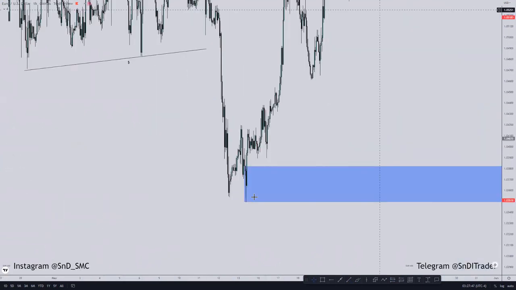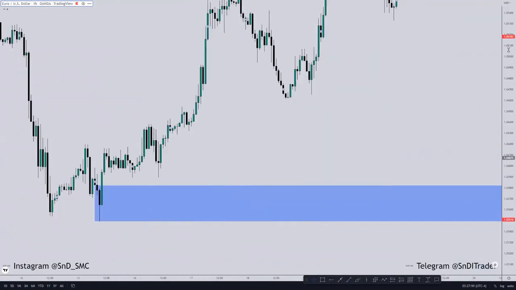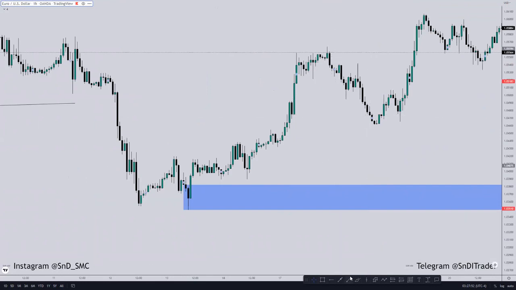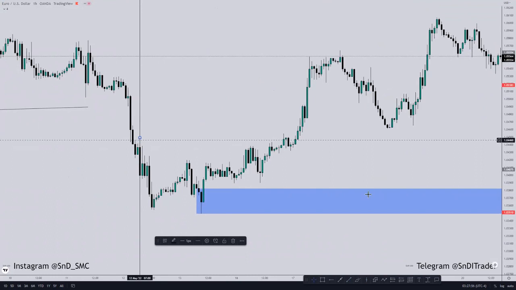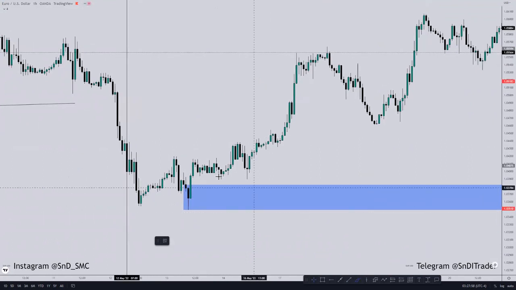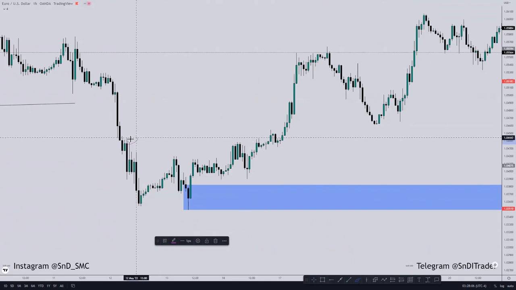So what we have here is lower high, lower low, lower high, lower low, lower high, lower low, and we have a higher high here.